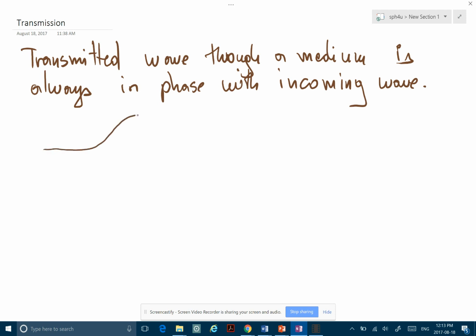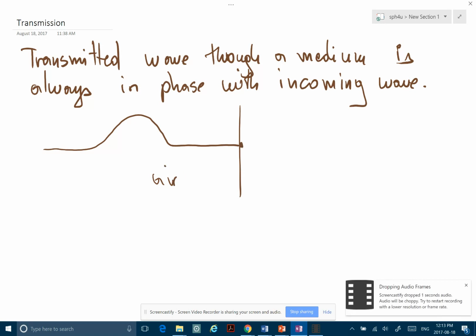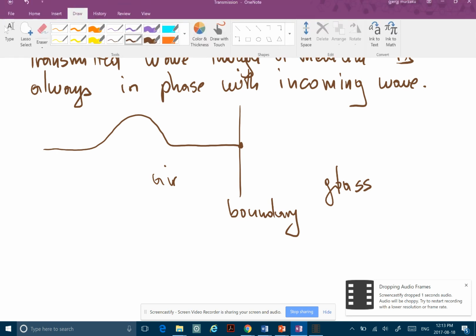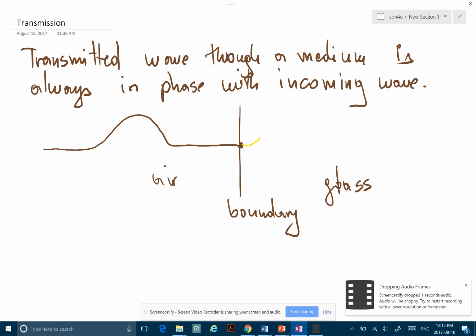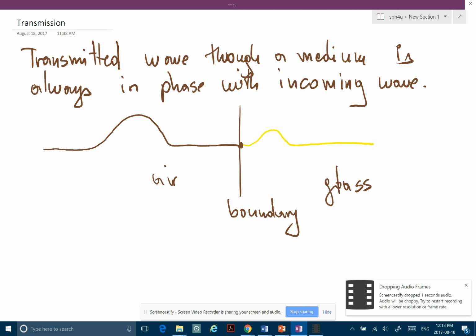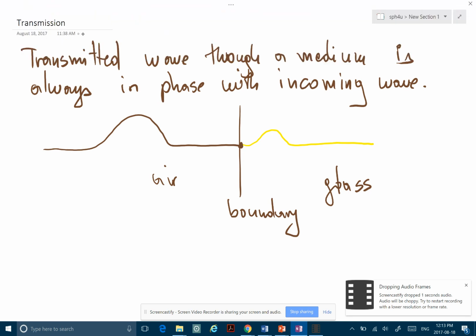So if I have a wave traveling through air, when it hits this boundary and let's say it's going to glass, then the transmitted wave will be still the same, and the reflected one will be inverted.